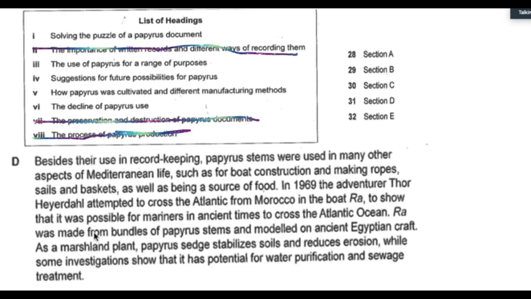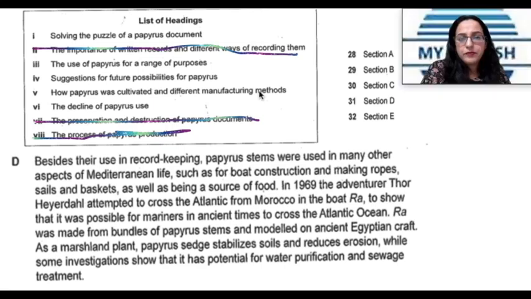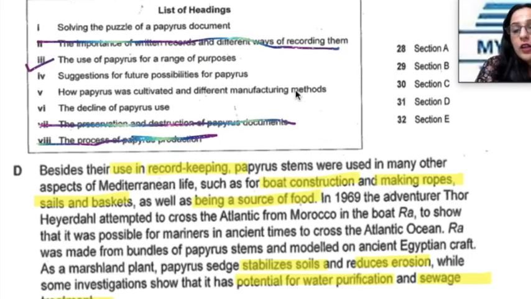Now I have para D and I have 1, 2, 3, 4, 5 options. So I want you to take a look at them. Alright, now the answer is number 3, which is the use of papyrus for a range of purposes. It is absolutely clear that besides their use in record keeping, everywhere it is talking about the use of papyrus only.